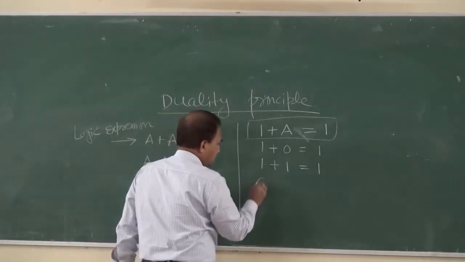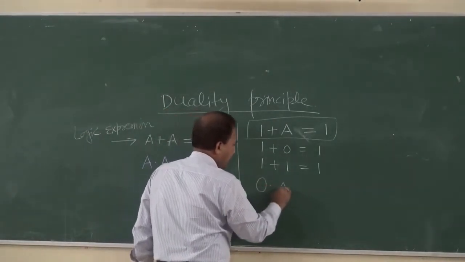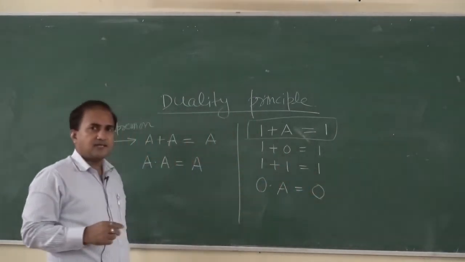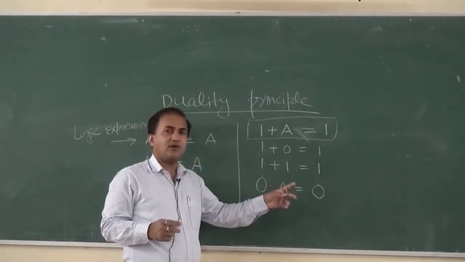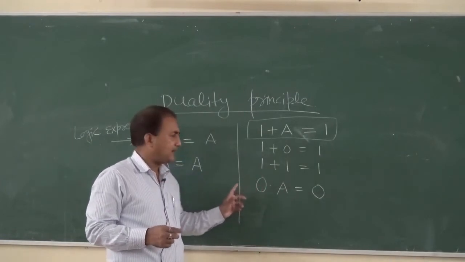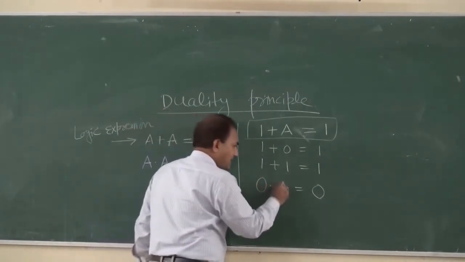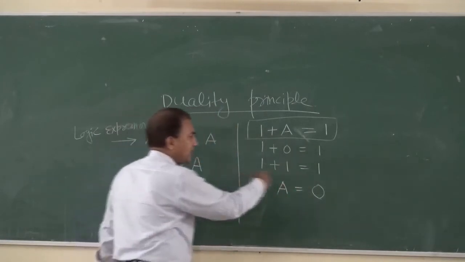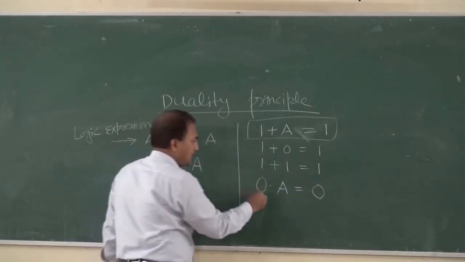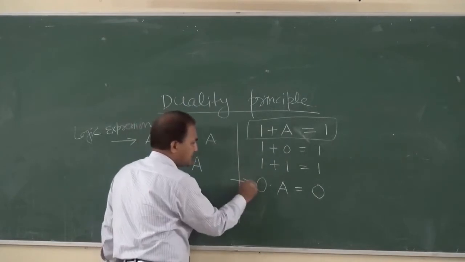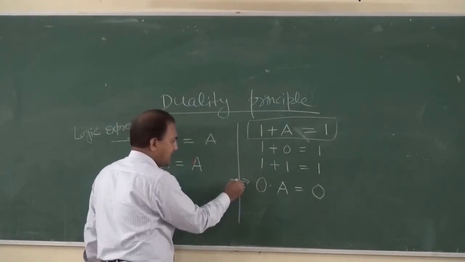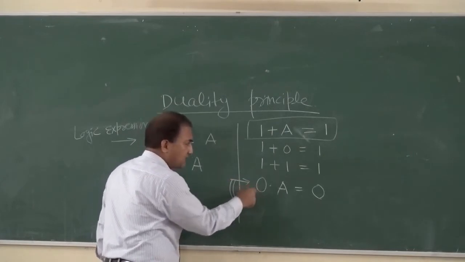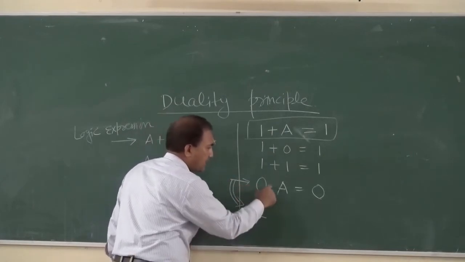Then you can write 0 dot A, which is always equal to 0. If you multiply any variable with 0, it is always equal to 0. What would be the dual of this expression? Can anyone say how you can determine the dual of this? 0 has to be converted to 1.